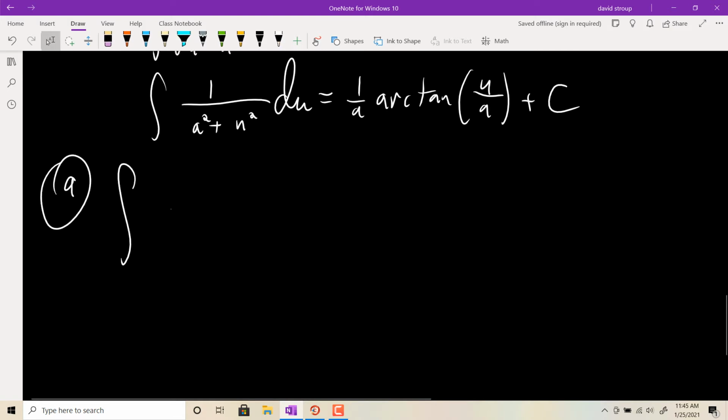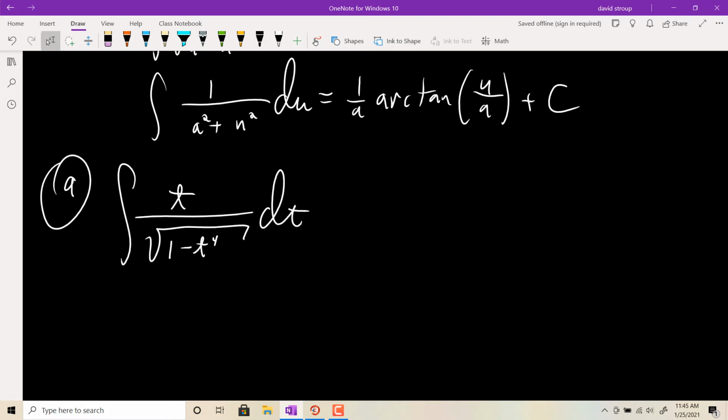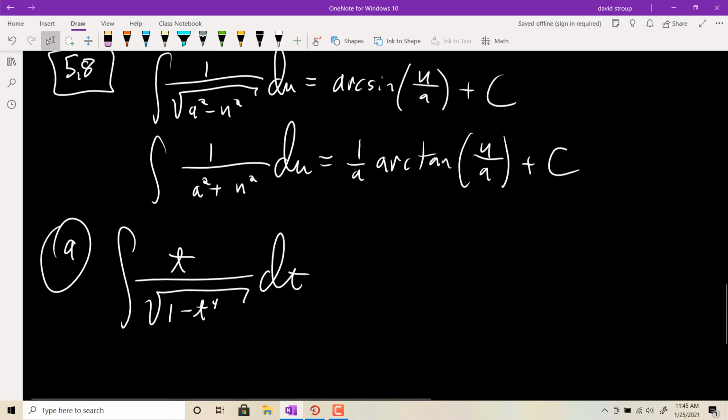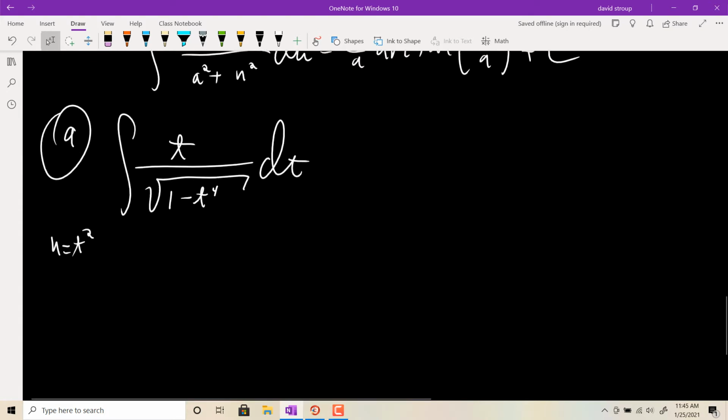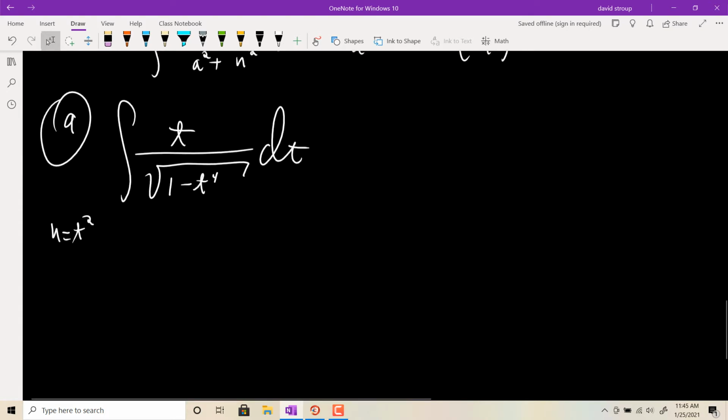So the first one, t all over the square root of 1 minus t to the 4th dt. So I want to get it into one of these forms, right? So it's probably an arc sine. So I'm going to let my u be t squared. Because t to the 4th is just t squared squared, right?